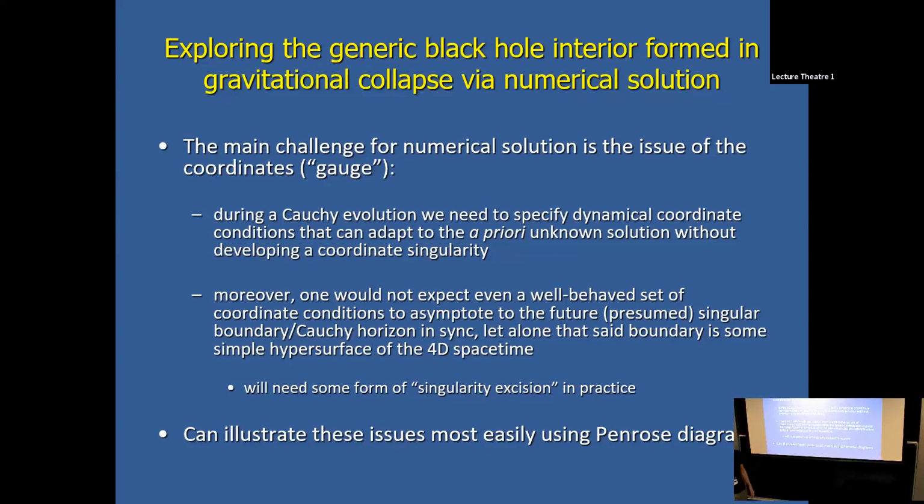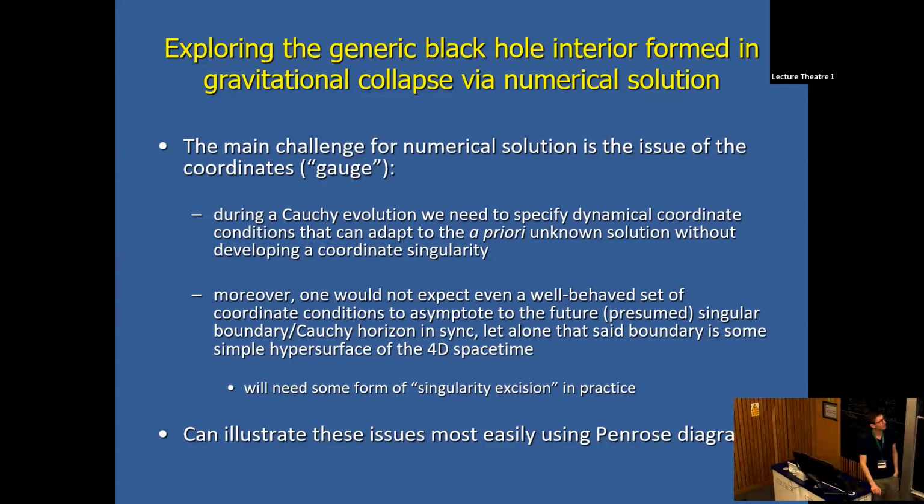So we have to provide additional equations, whether simple algebraic constraints, but more typically differential equations, that we solve for the coordinates as we evolve the space-time. So we simultaneously have to solve for these things. And at the moment, there are really no dynamical coordinate conditions or coordinate equations that have been proposed that are likely to work in the generic interior.